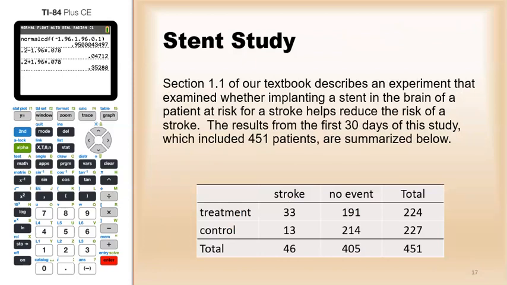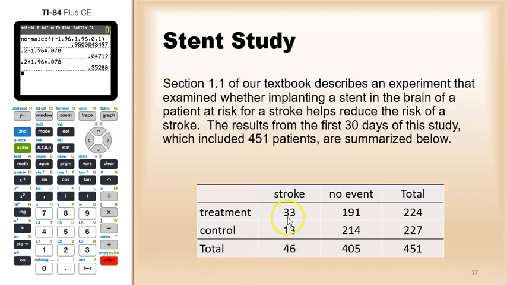For one more example, back at the very beginning of our textbook, there is an experiment that was described that examined whether implanting a stent in the brain of a patient at risk for a stroke helps reduce the risk of stroke. The results from the first 30 days of the study included 451 patients.